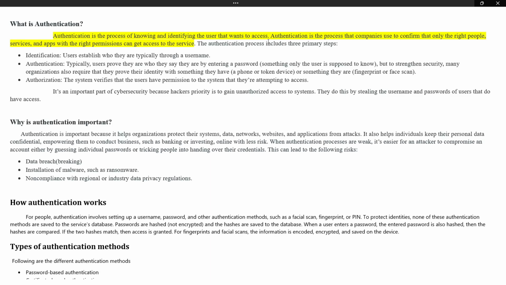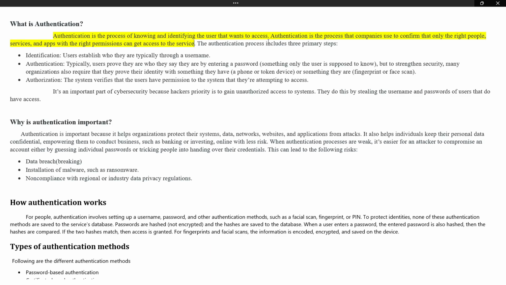If the system knows that user, then it will give permission to particular services. For example, let's take a social network. If you are using Facebook, Twitter or anything, the first thing you enter is your username. That is the username and password, and we will discuss other authentication methods too.